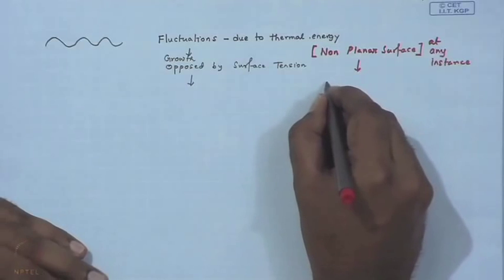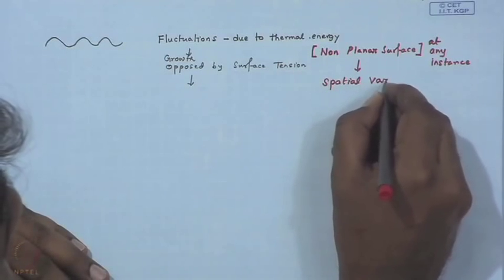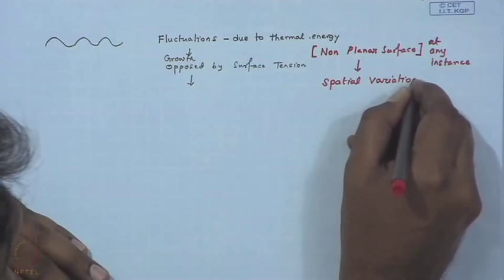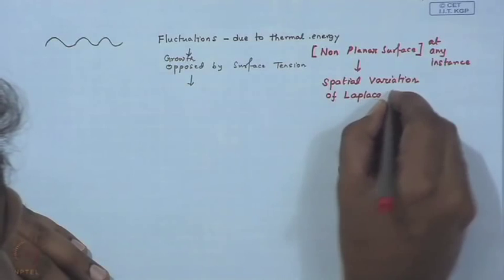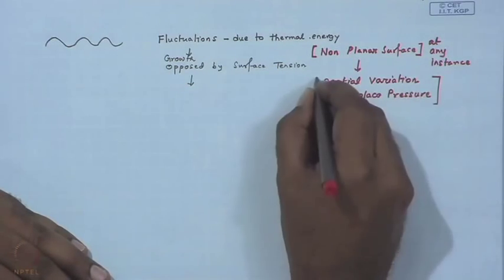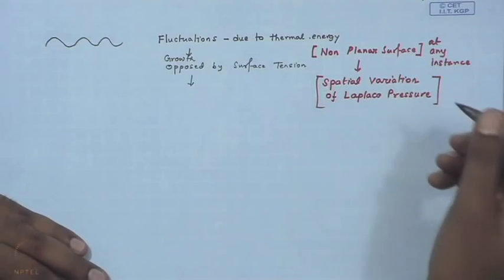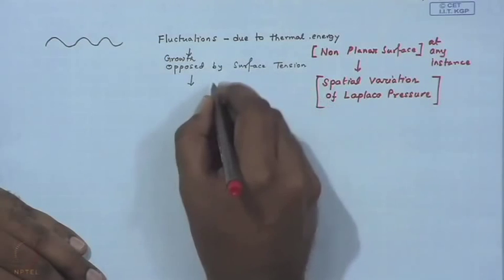This results in a spatial variation of Laplace pressure, and surface tension and Laplace pressure are both manifestations of the same effect, opposed by surface tension.